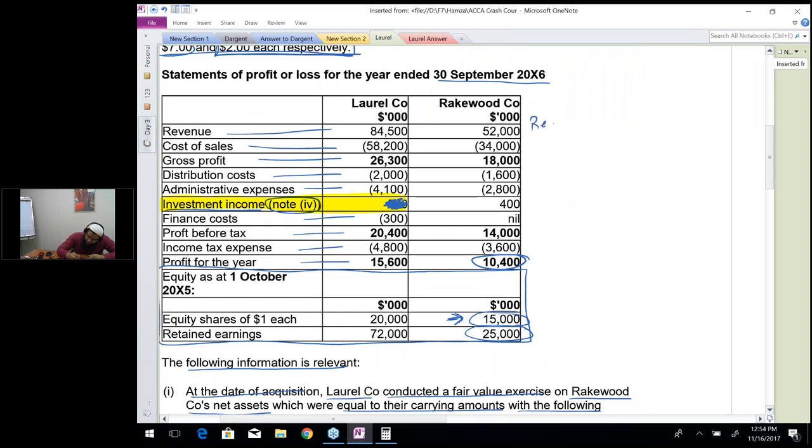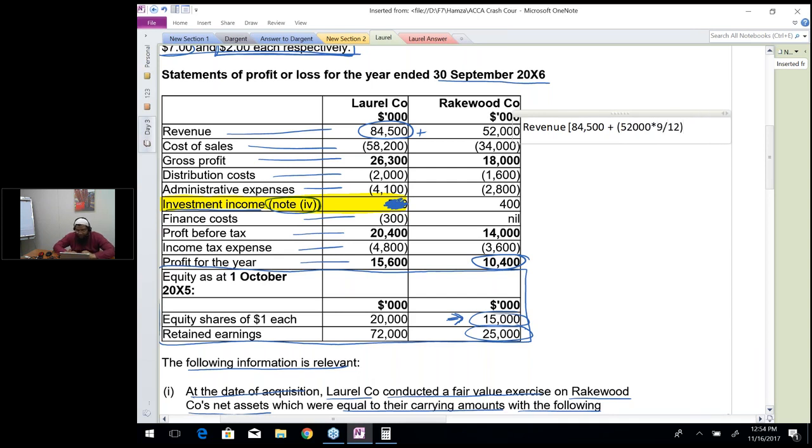So the revenue is going to be 84,500 plus 52,000 into 9 by 12. Let me type the revenue amount that you have to write in the exam, that would take less time for me. Revenue will be 84,500 plus 52,000 into 9 by 12.